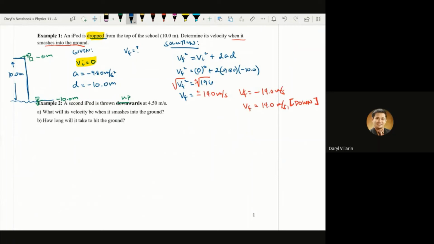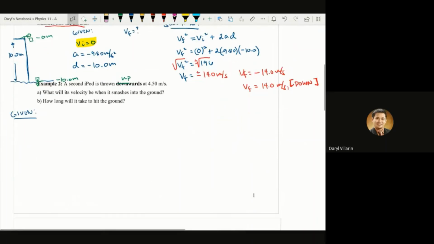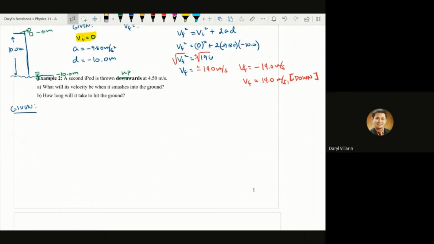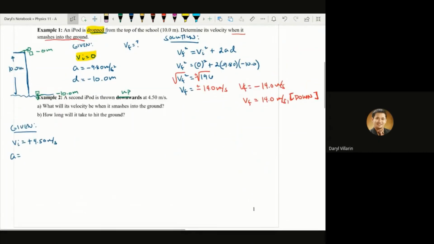So what you can do here, again, is take note of all the given quantities. Initial velocity is thrown upward, so that's positive 4.5 meters per second. Acceleration: once it leaves your hand, there are no other forces acting on that object.